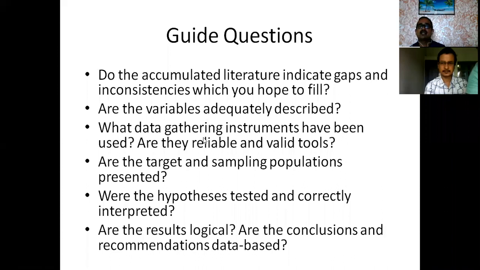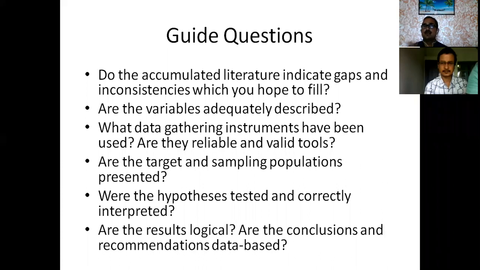What data gathering instruments have been used? Are they reliable and valid tools? So see, for data gathering instruments, there are different scales for different social researches of social science and humanities. One particular scale may not be suitable for one particular study, but somebody has adopted that scale.